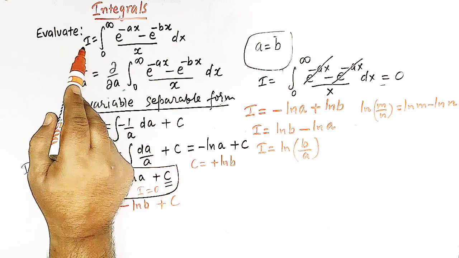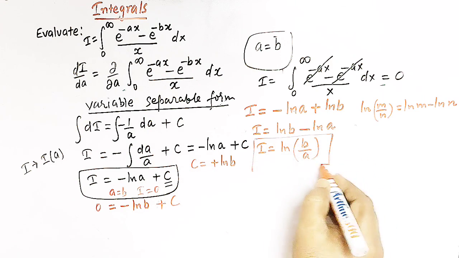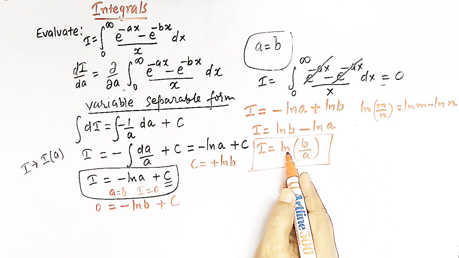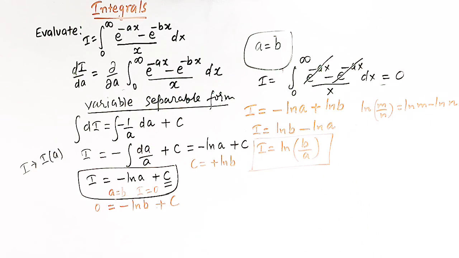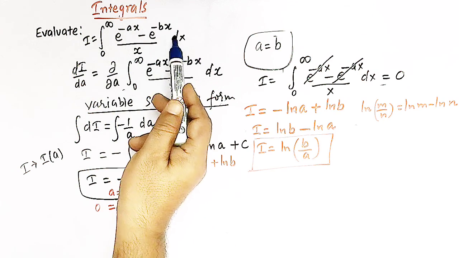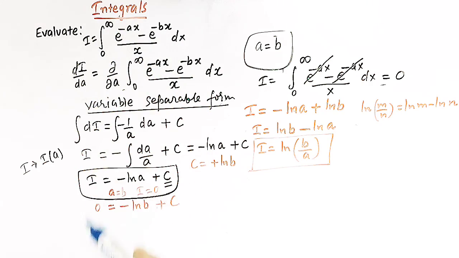So the value of this integral I is given by this expression, that is natural log of b over a. So viewers, this is how by the application of differentiation under the sign of integration, we can easily find out the values of integrals of these kinds.